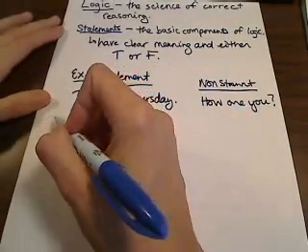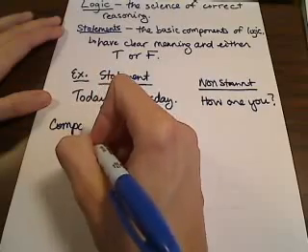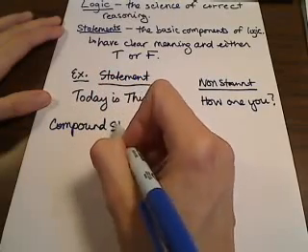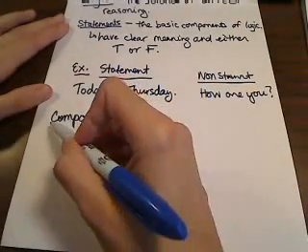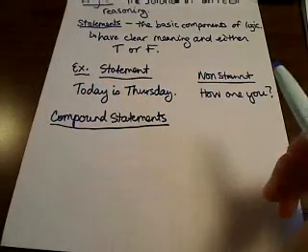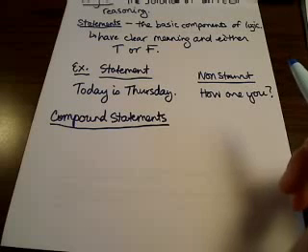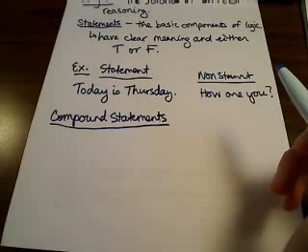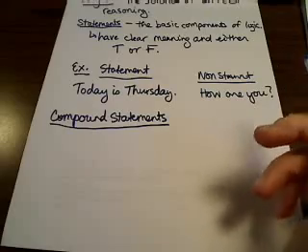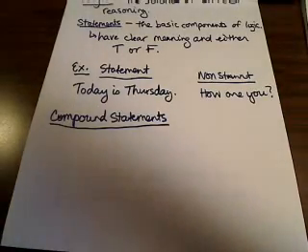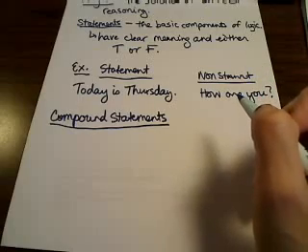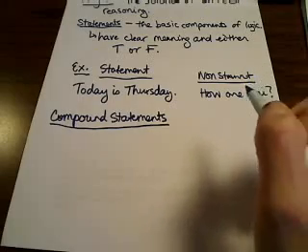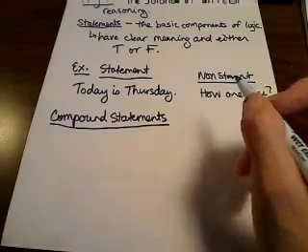The next type of statement that we want to talk about are compound statements. A compound statement is essentially two statements that are joined by what we call a connective. A connective is one of the words like an and or an or. Sometimes the word not is a connective, and sometimes if-then statements are connectives.